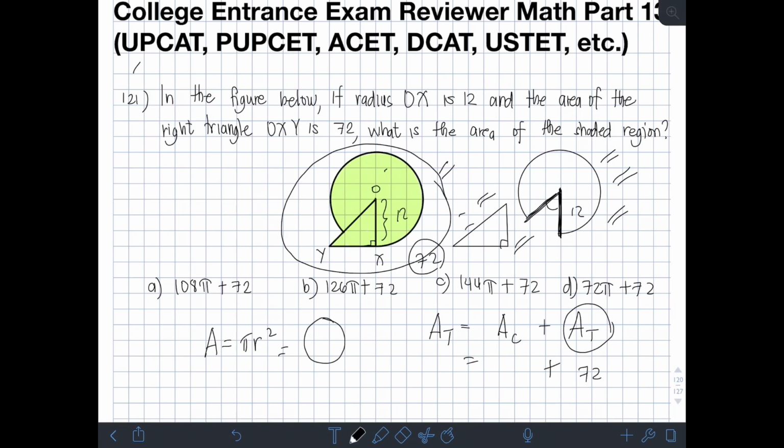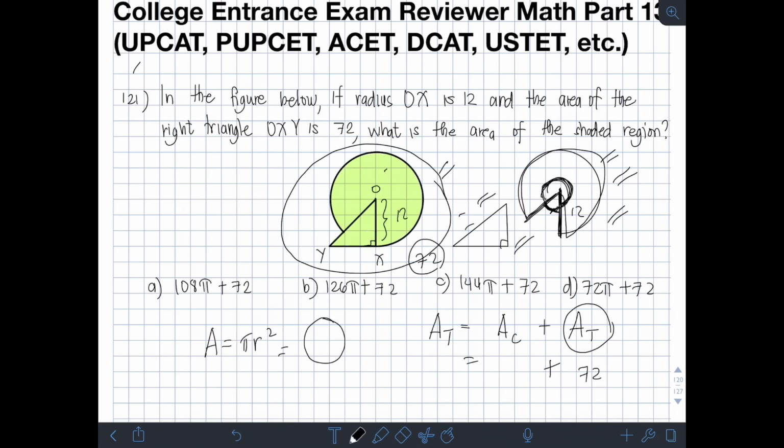So, kailangan nating mahanap yung angle na to para yung portion lang nitong circle natin is this angle. Di-divide natin sa kabuang angle ng circle is what? 360 or 2 pi, right? So, pag nahanap natin tong angle na to, ma-minus natin sa kabuang whole circle and then divide natin sa 360 or 2 pi para mahanap natin yung fraction ng circle na lang na to. Okay? So, kailangan natin tong angle na to.